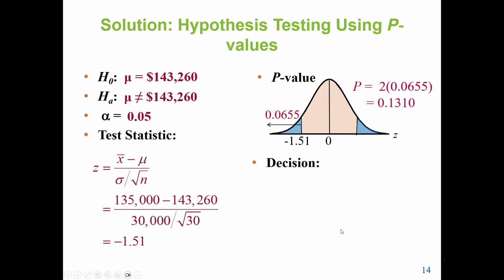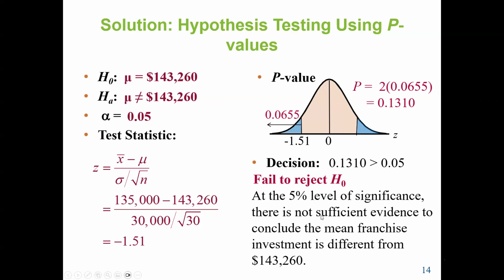So we find, and since 0.1310 is greater than 0.05, we are going to fail to reject H0. So at the 5% level of significance, there's not sufficient evidence to conclude the mean franchise investment is different from 143,260. We fail to reject H0, so it's equal.